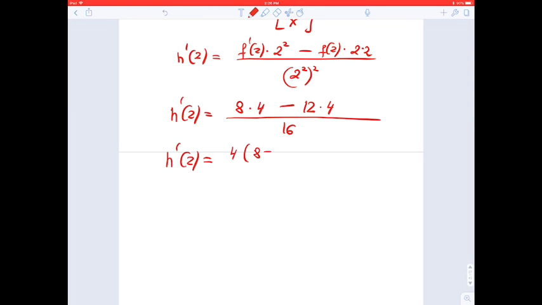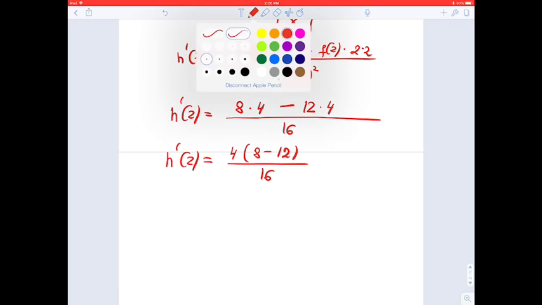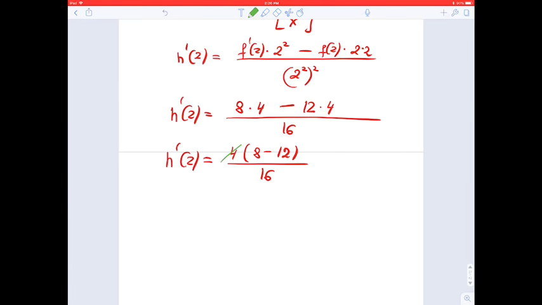I can factor out 4. We can of course multiply, and we can divide. I think we can still find a common factor. 8 minus 12 is negative 4 over 4. The final answer is negative 1.